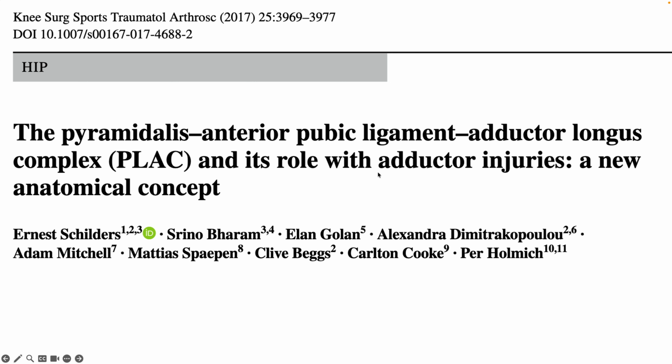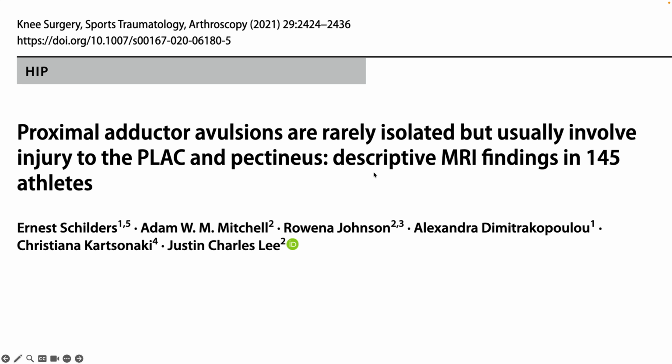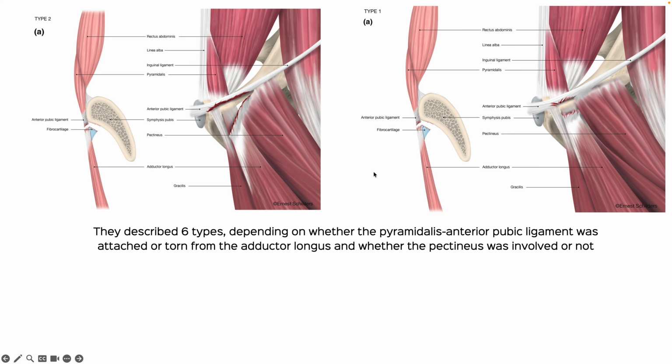So this was all dissection based, and then came the MRI paper, and they described 6 types based on whether the pyramidalis anterior pubic ligament was attached or torn from the adductor longus, and whether the pectineus, this is the coronal image, was torn or not.